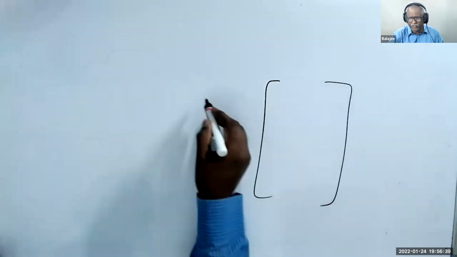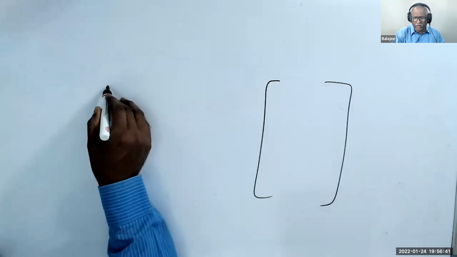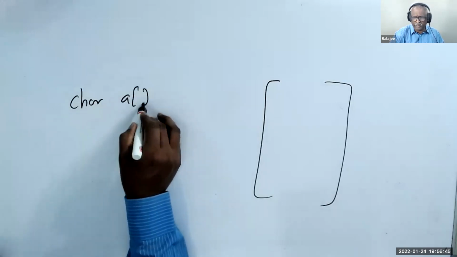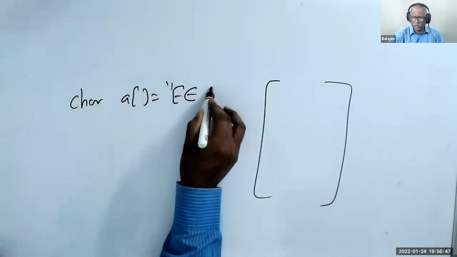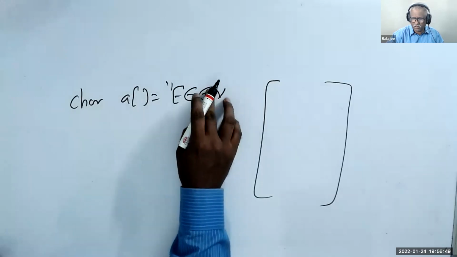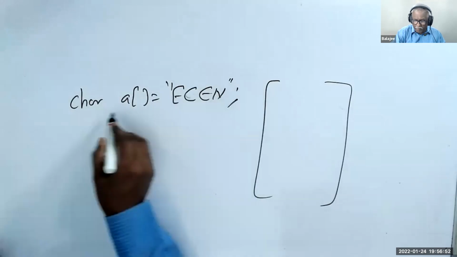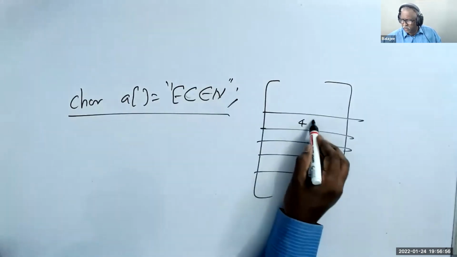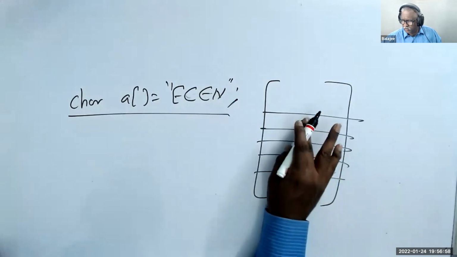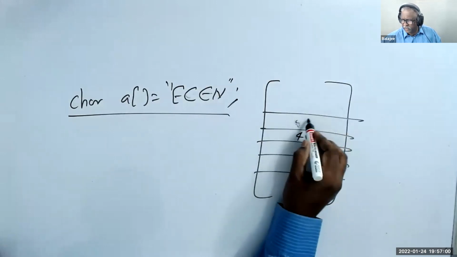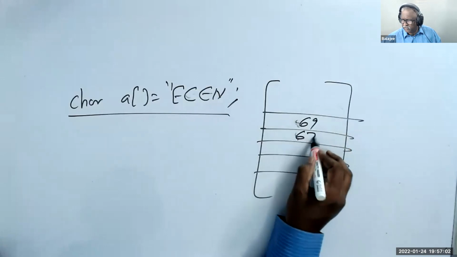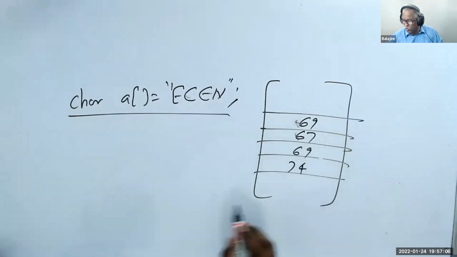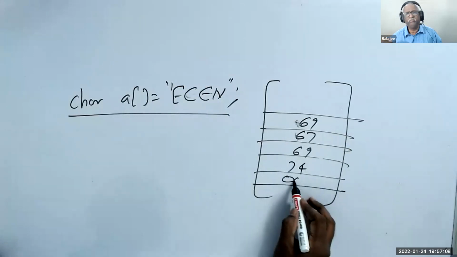If you define a string, let us say char a[] equal to a word, the compiler will put here the character values, let's say 69, 67, 74 or something. Now, it will put 0.